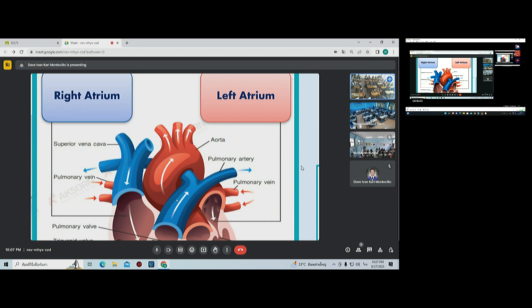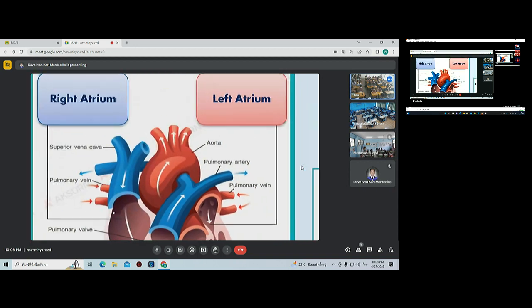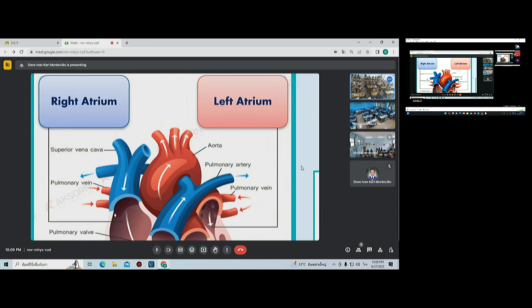Let's go to your heart. Okay, again, how many chambers do we have in the heart? How many chambers? Four. Remember? The first chambers here, we have the right and the left atrium. The first two chambers at the top are your right and your left atrium.